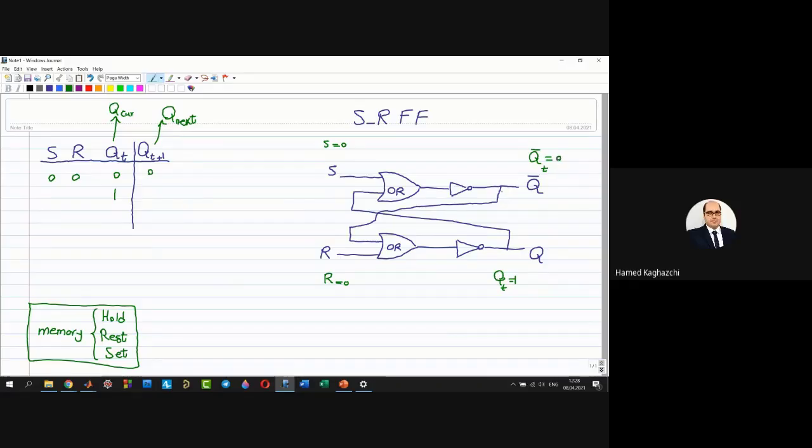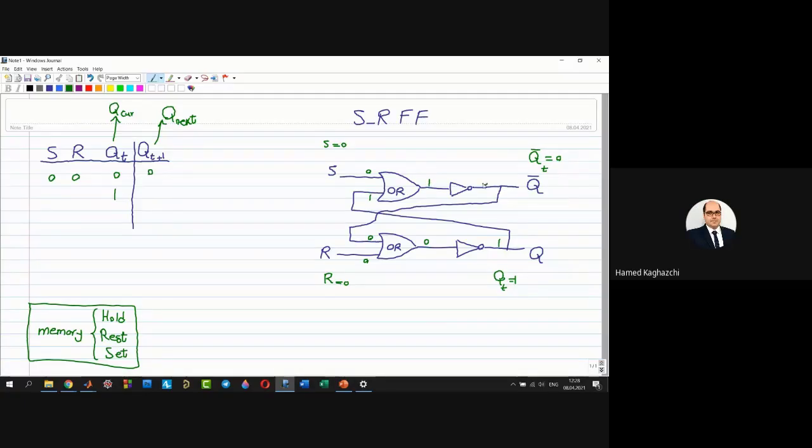Again, this 0 using this signal comes here. R is 0. The output is what? 0. The output of NOT is 1. This 1 using this signal comes to here. 1, 0, 0, 1. Output is 1.